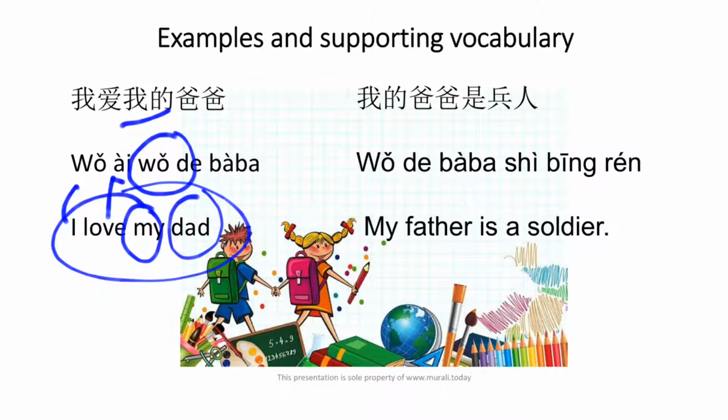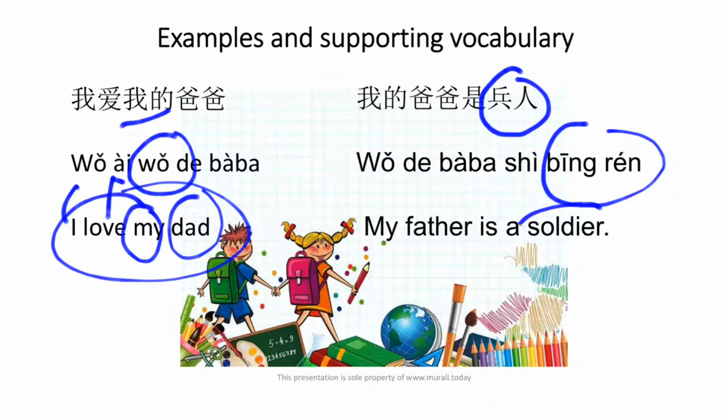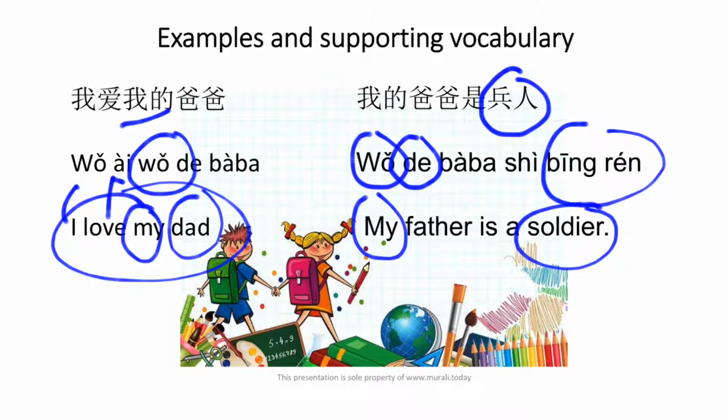And coming to one more thing, what your dad does for a job, right? For example, my father is ex-service, he's an army person, so you can say he's bing, soldier. And again everything else is the same: wo, my, wo de means my, and Baba means father, shi means is.